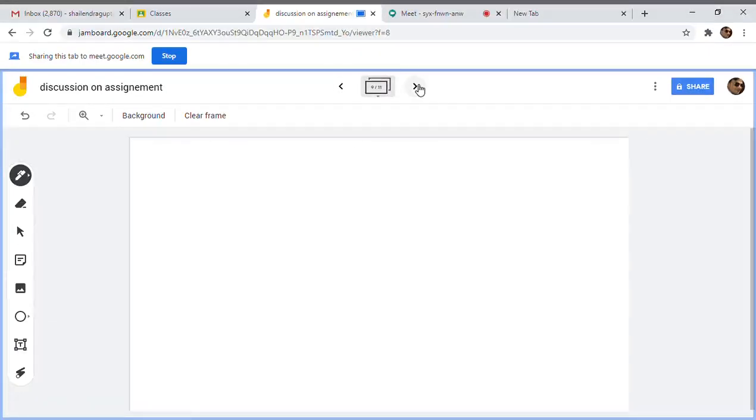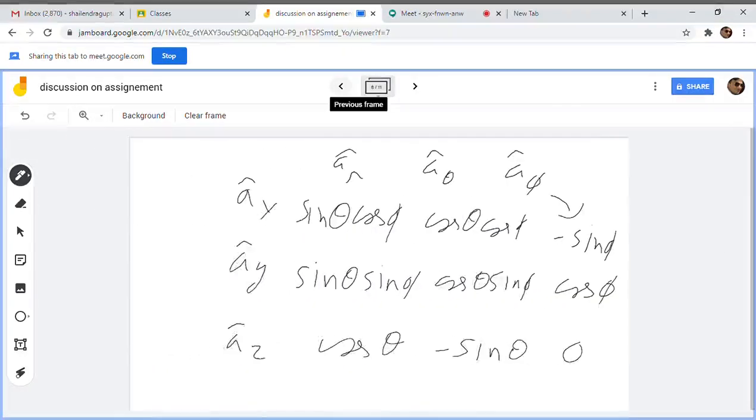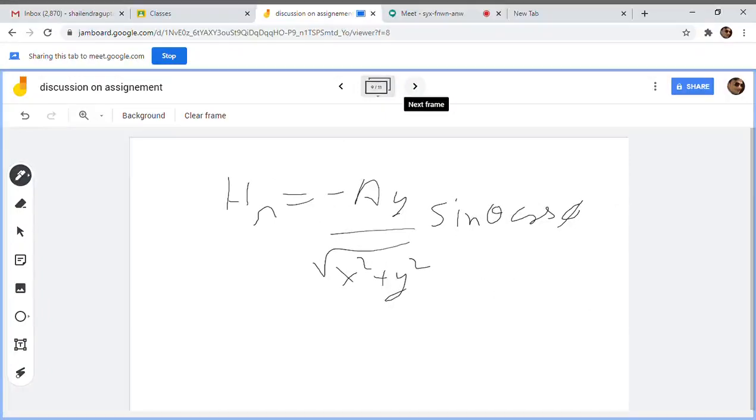So your hr will be equal to minus ay upon under root x square plus y square, sine theta cos phi. Same, it is sine theta cos phi.